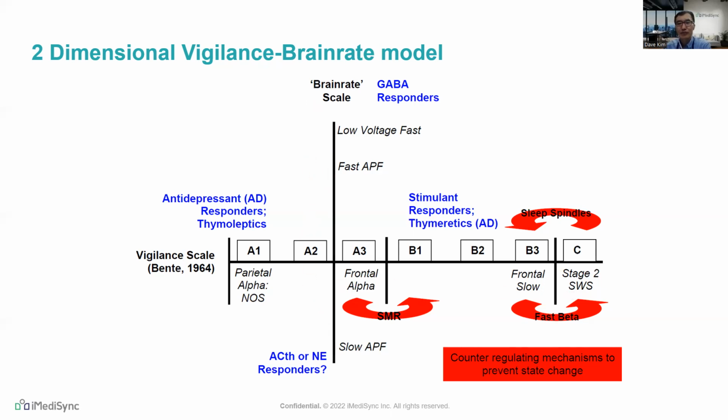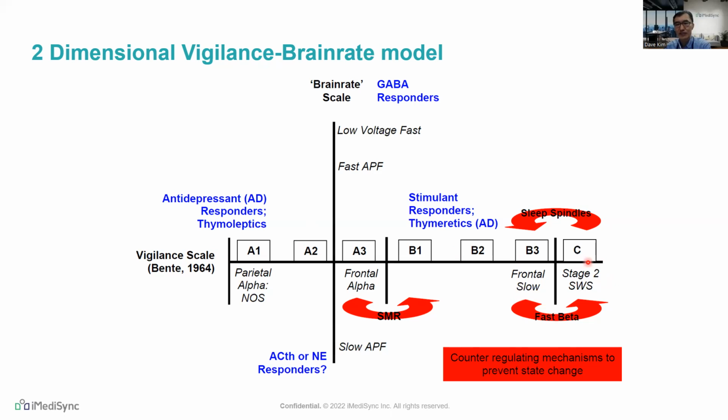In the vigilance model, posterior dominant alpha in the A1 state develops to the A3 state, anteriorized alpha activity, and then alpha desynchronizes and theta rhythm appears in the B state, and finally develops into the C state, which is a kind of sleep state.